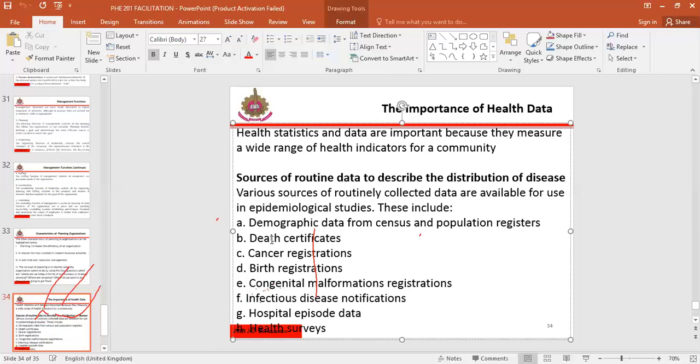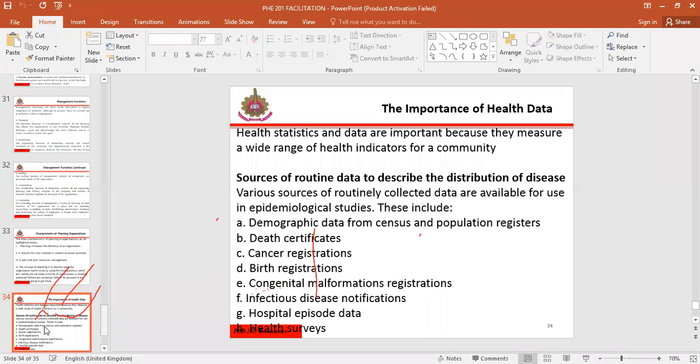Then from congenital malformations registrations, infectious diseases notifications, hospital episode data, health surveys, and a number of other surveys like that.